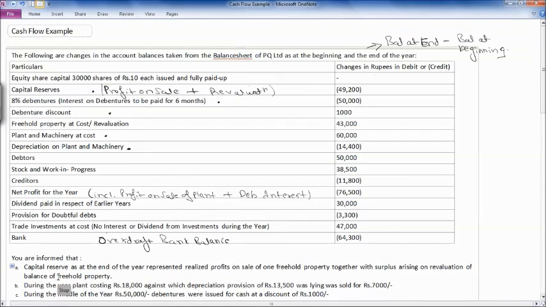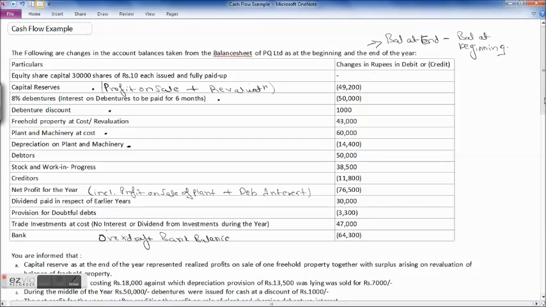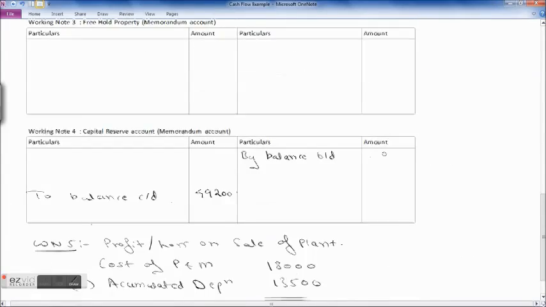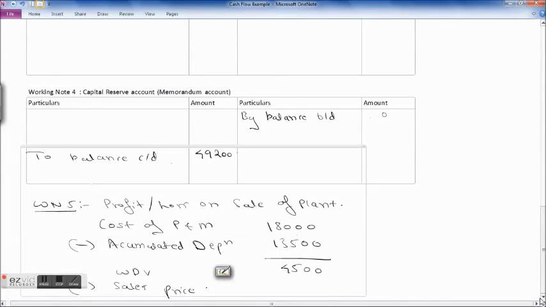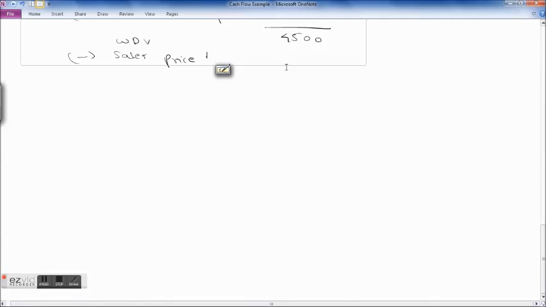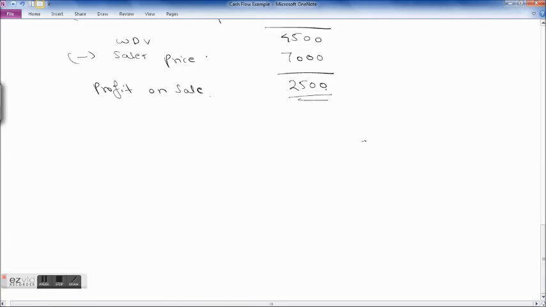Okay, so sales price less proceeds from sale is 7,000. So 7,000 minus WDV. So what is the profit on sale? 2,500 is a profit on sale, since selling price is more than your WDV.